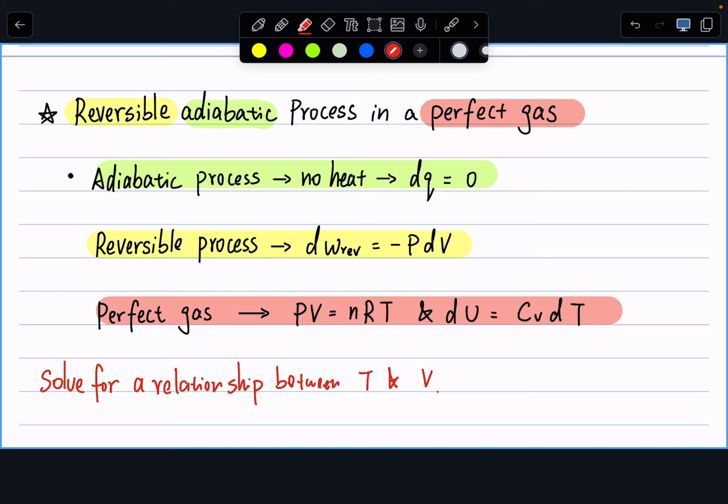And now the question becomes, using the first law of thermodynamics, can you derive a general relationship between temperature and volume for any reversible adiabatic process of an ideal gas? Right, so again, in thermodynamics, we have lots of jargon, like adiabatic, reversible, ideal gas.